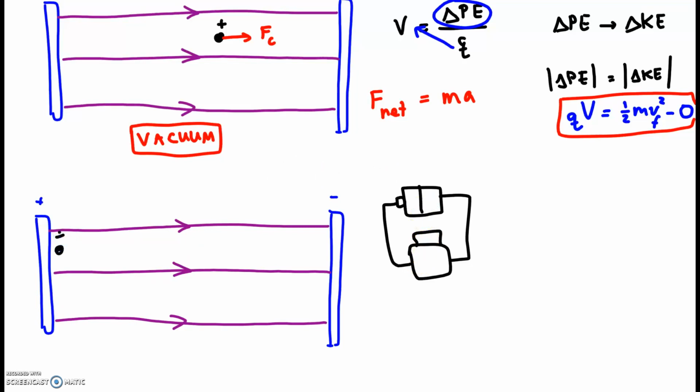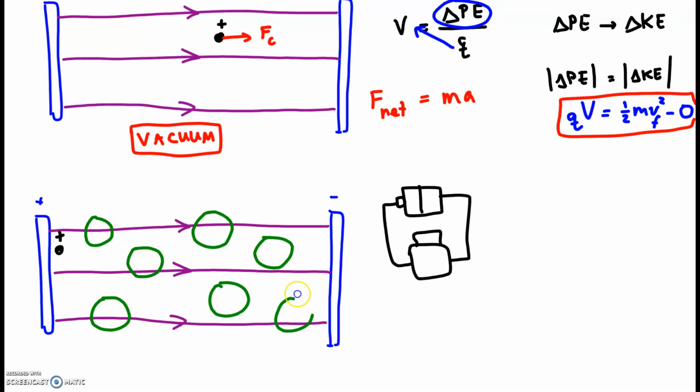But when those charges reach the toaster, it's not a vacuum. The toaster has molecules that the charge has to flow by. And when the charge flows, it bumps into those molecules. Each collision transfers energy to the molecules, and the molecules move faster.